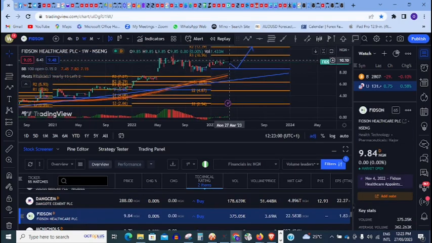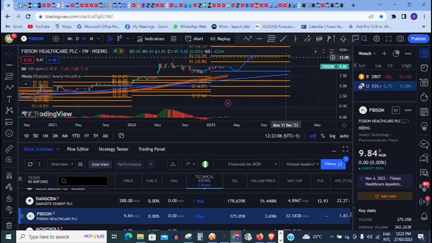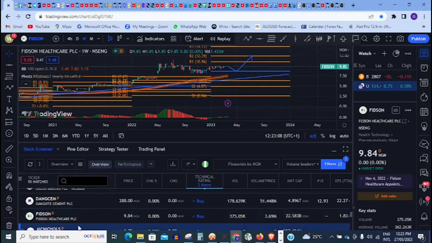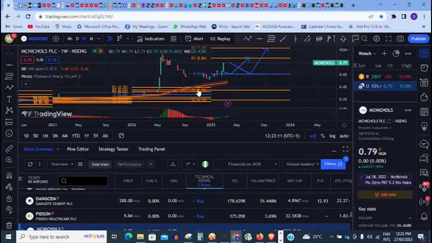Fitson still valid. Wait for a pullback, then take your entry and your profit target at 12 naira. Okay, this entry is no longer valid because market has already left here. So we either wait for something like this and follow that path.